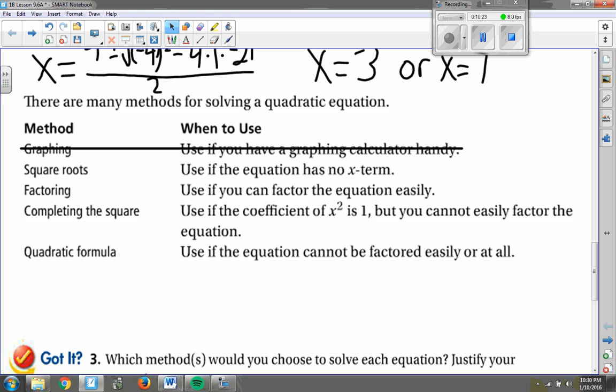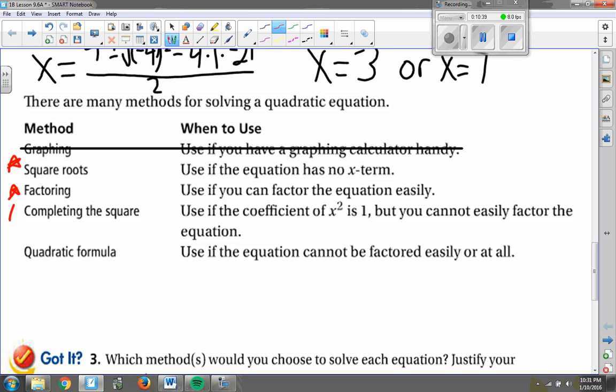Because anytime it's easy to graph one, it's also very, very easy to find the square roots, to just do it algebraically, moving things over, dividing and taking the square root.